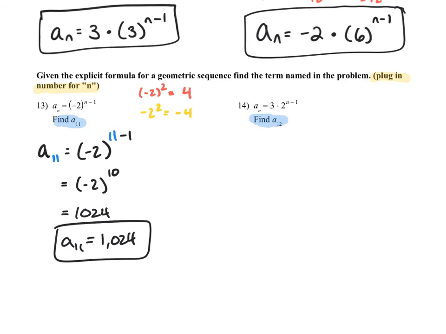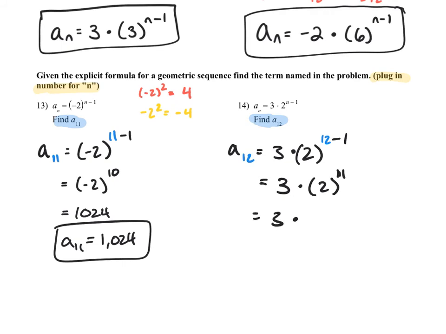You all know that you're trying to find A sub 12. So here you're looking for A of 12, which is going to be equal to 3 times 2, but then it's going to be 12 minus 1. Well, that's really 3 times 2 to the 11th. Okay?